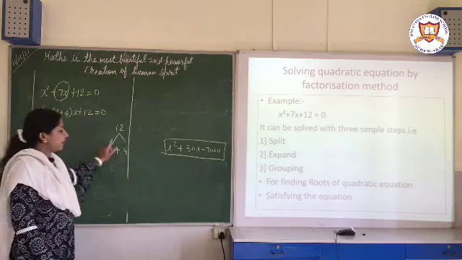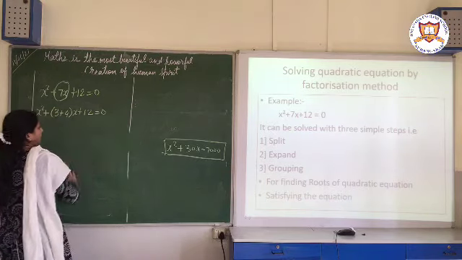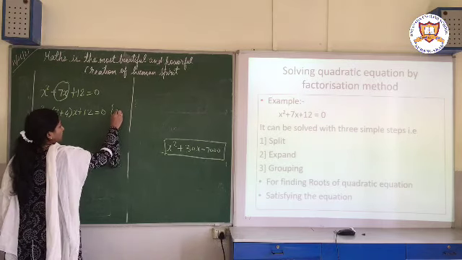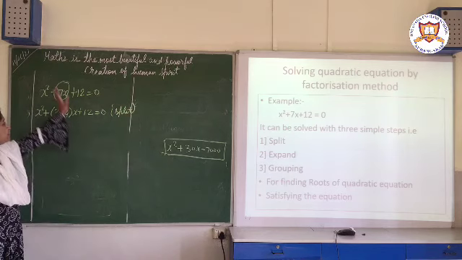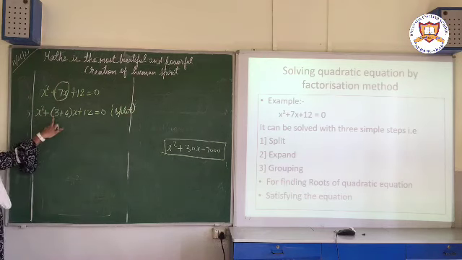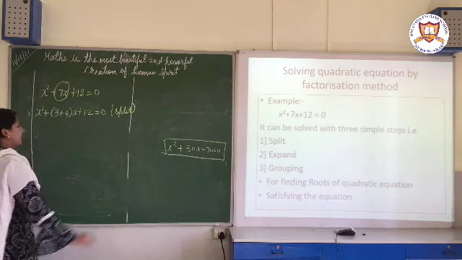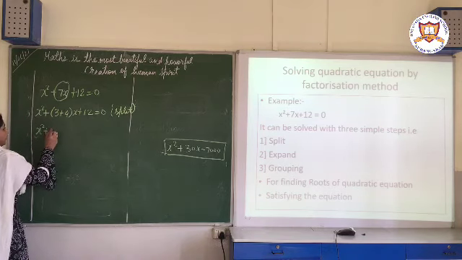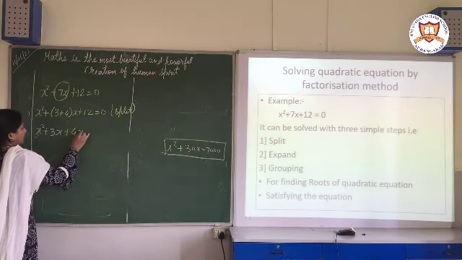Every time you have to find such factors only for the given number. This is called splitting. What we have done is we have split 7 as 3 plus 4. And when you multiply 3 by 4, it gives you 12. Now, let's just expand it.